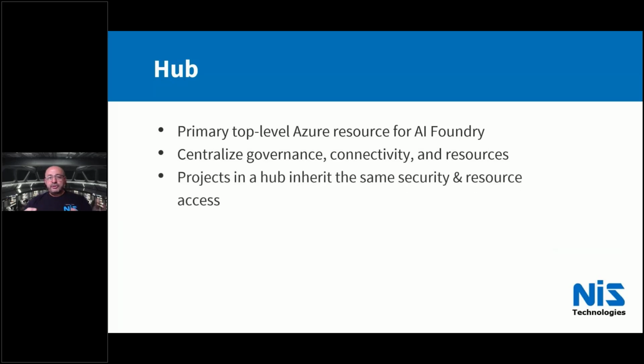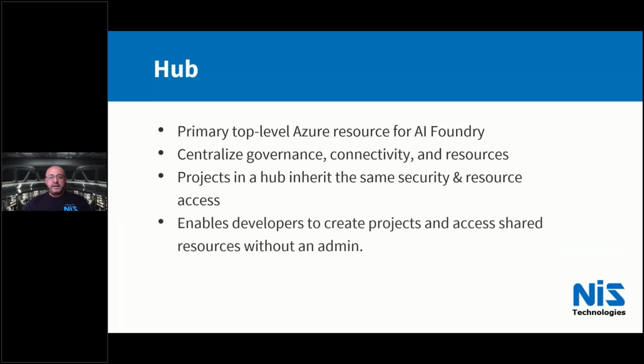So every project that I create in that hub will inherit the same security and resource access that were specified in the hub. The advantage of this is that it enables developers to create projects and access shared resources without having to request admin access. So basically, I set up the hub, I set up the resources that go along with it, and then all the projects within it inherit or have access to these resources.